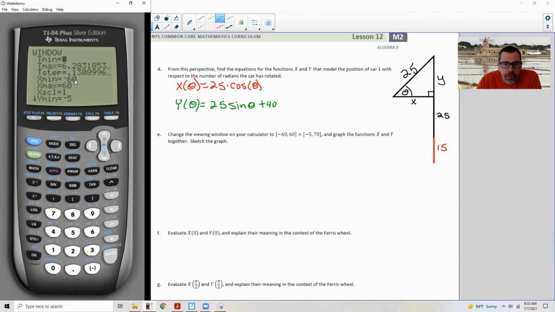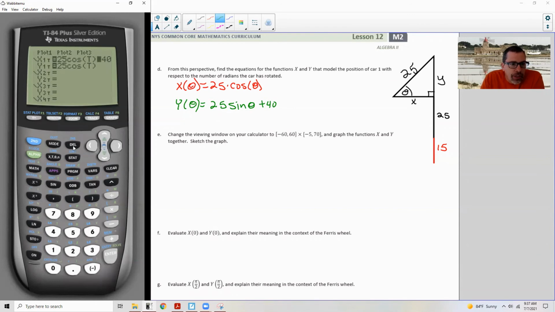X min negative 60 to 60 by negative 5 to 70. Okay, so I did this backwards. If you see this, it's x sub 1, y sub 1. I've got them backwards. So x sub 1 should be cosine. When they were the same, it didn't matter, but now it does.